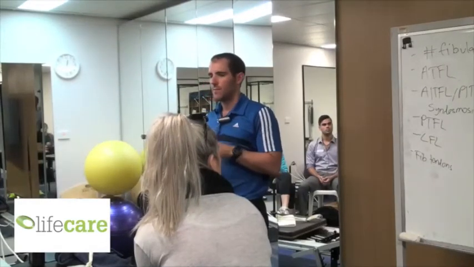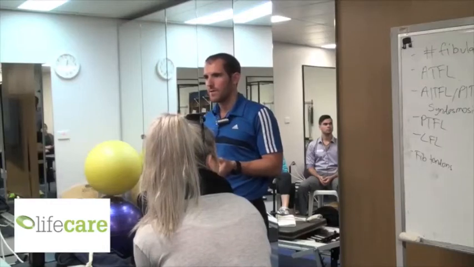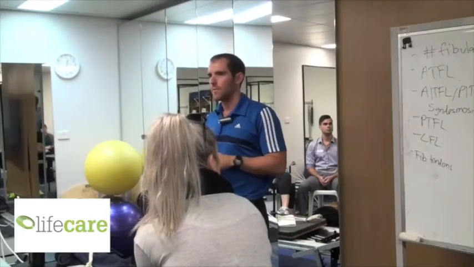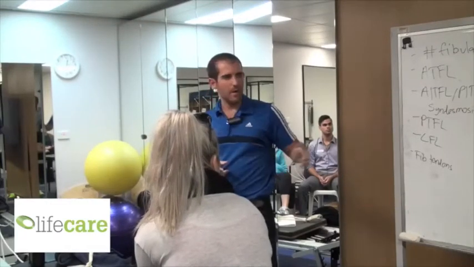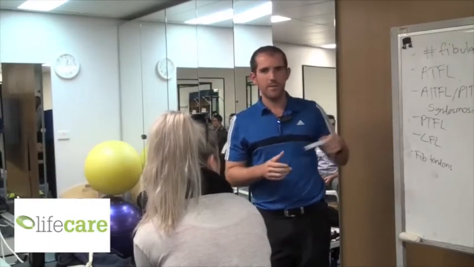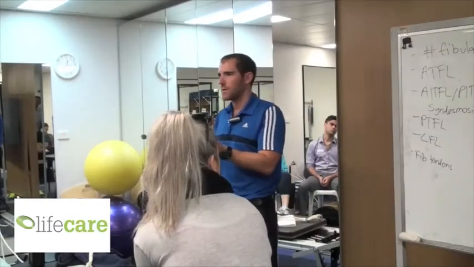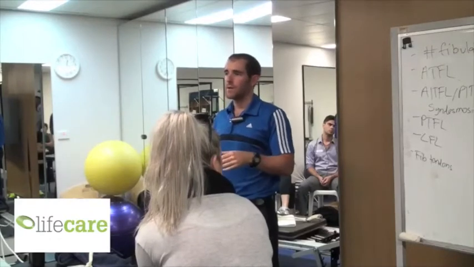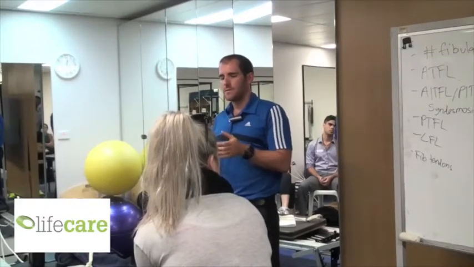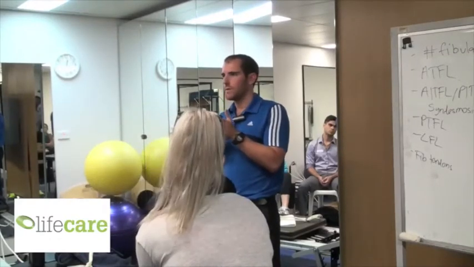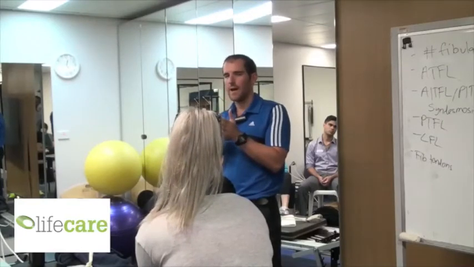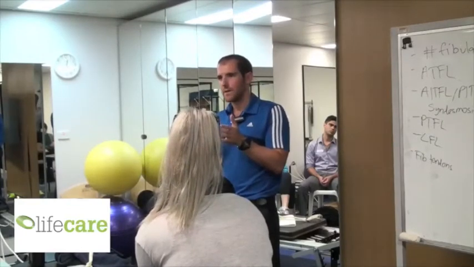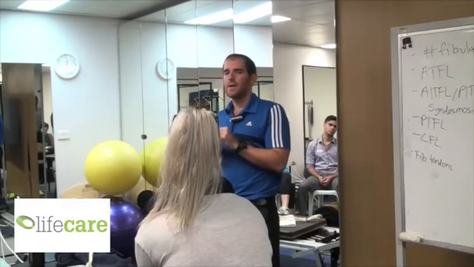They might go in a boot for a period of time and be non-weight bearing for a period of time. If the whole lot is ruptured and their foot is just splaying, how they manage it over here is they put a screw in between the tib and the fib for about 8 weeks. Then at 8 weeks, take the screw out, get the ankle moving again.